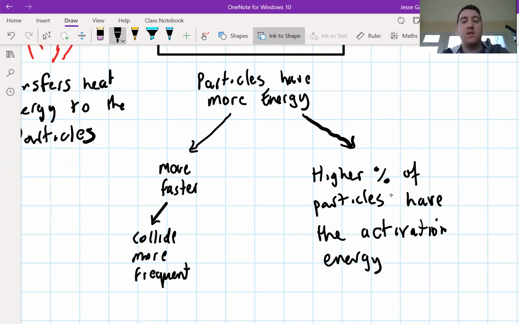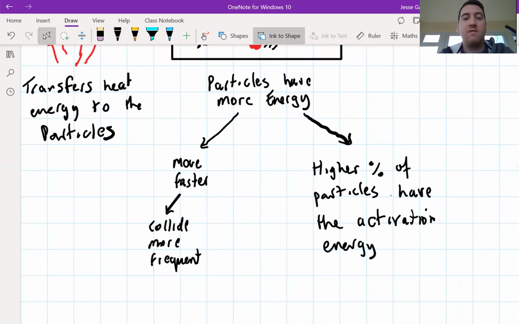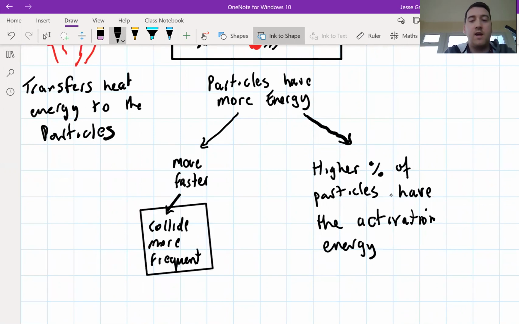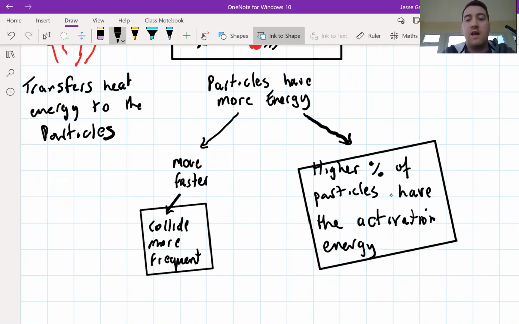Okay, so a higher percentage of the particles have the activation energy. So temperature is going to affect the reaction in two ways. First of all, it's going to make particles collide more frequently. And the second thing, it means that a higher percentage of the particles have at least the amount of energy required, the activation energy, in order to react.